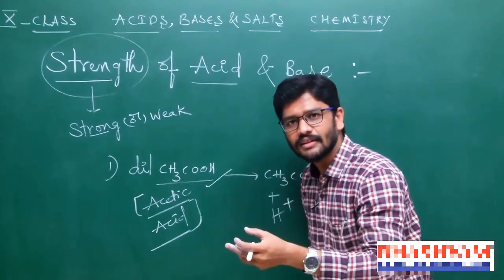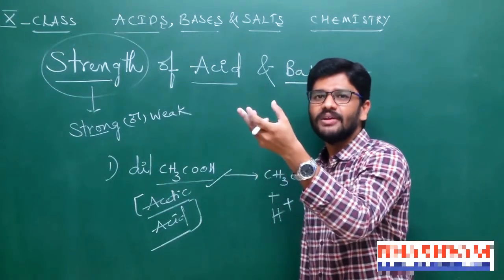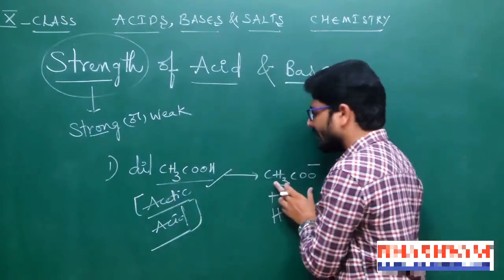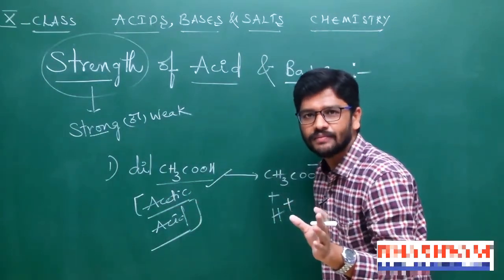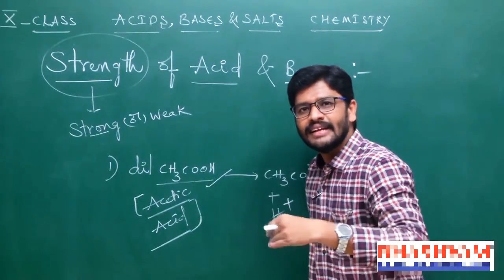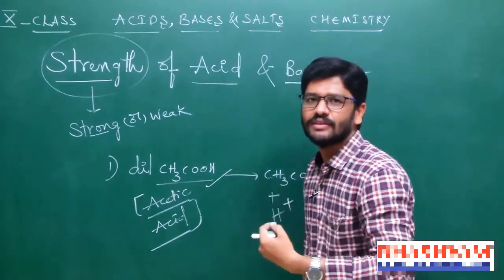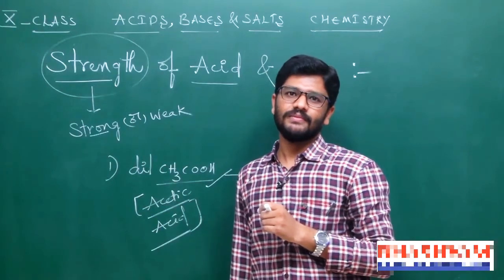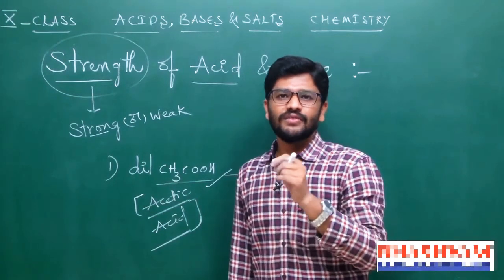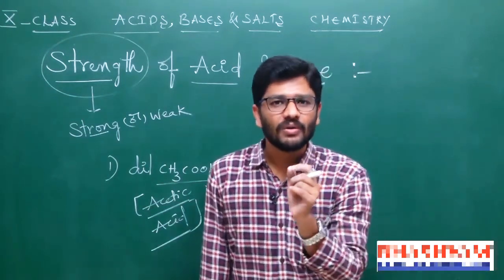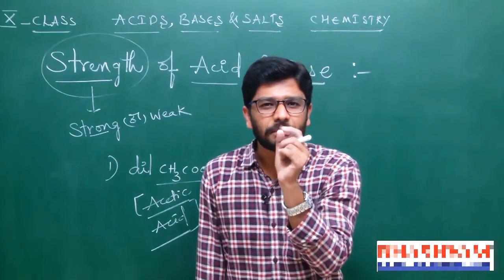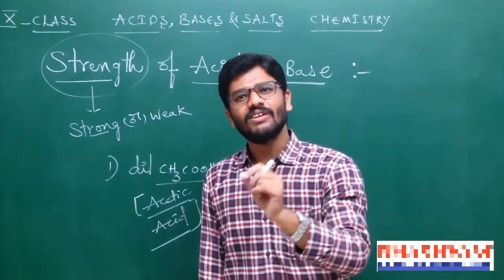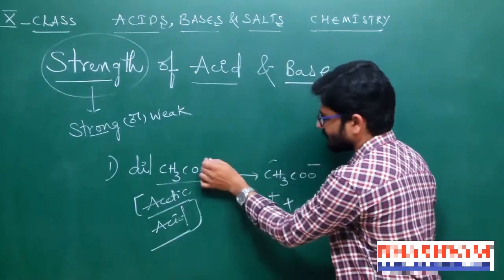Due to this, the bulb will glow. Yes or not? Yes. If the bulb glows dim, then that is called a weak acid.